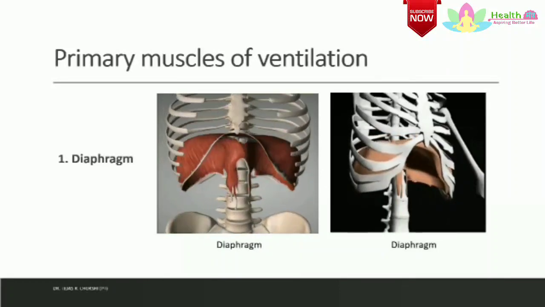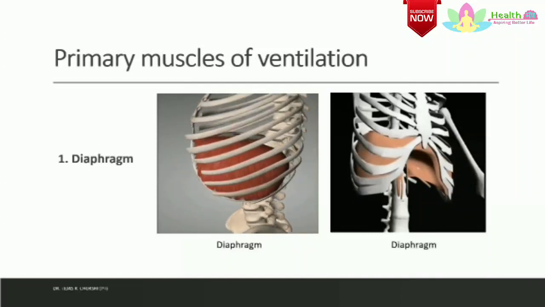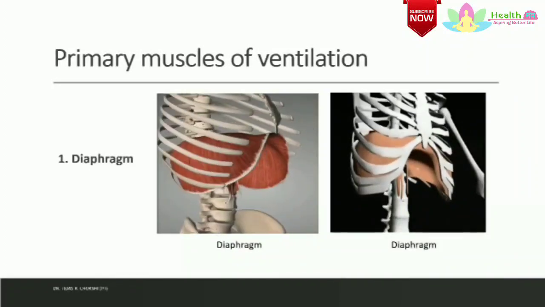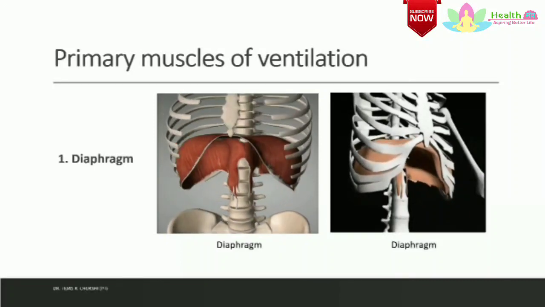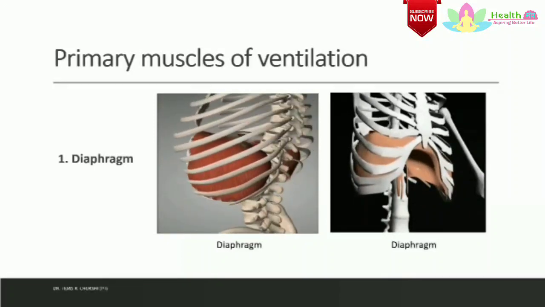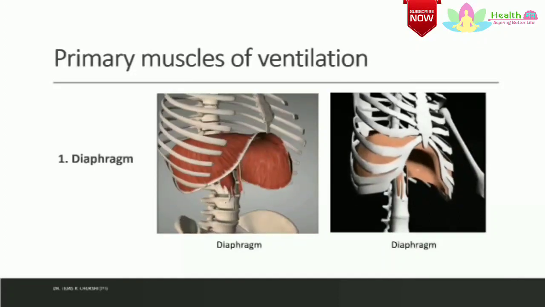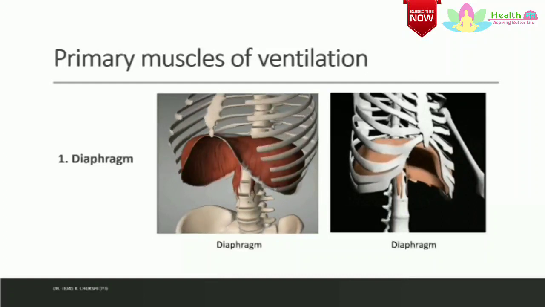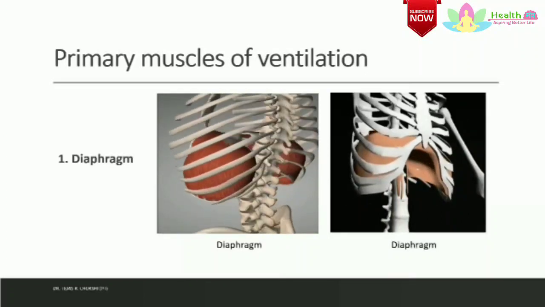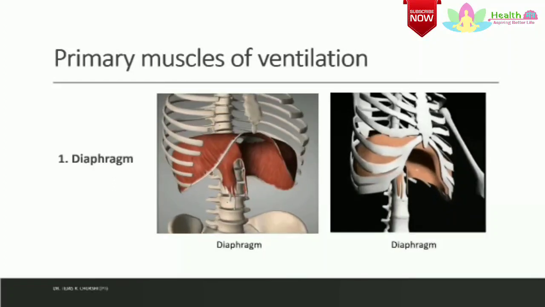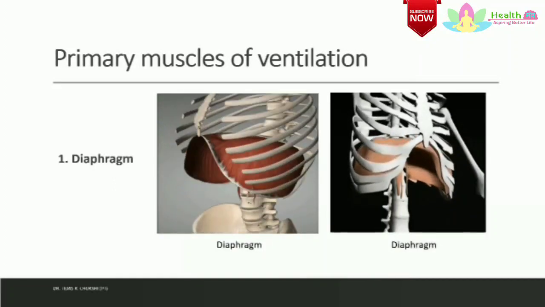There are no primary muscles of expiration, as quiet expiration is a passive process, so no muscles are required in expiration. Now, the main primary muscle, the diaphragm, accounts for approximately 70 to 80% of inspiratory force during quiet breathing.